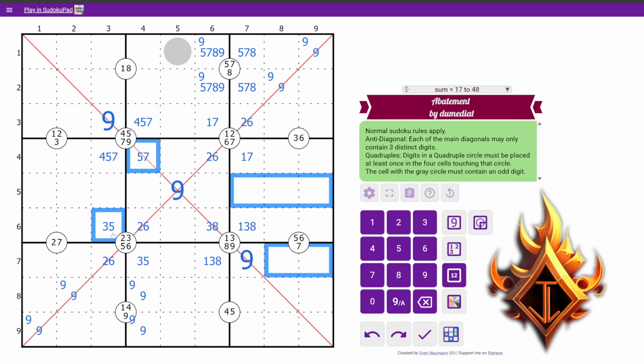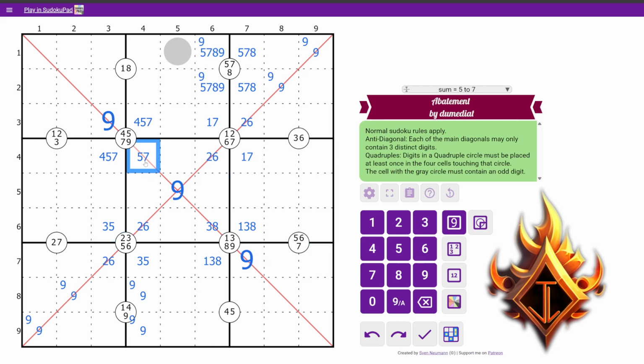Well, that's already broken, because it is already on that diagonal. The other way I could look at it was, if it was a 5, it would have to be here, this would have to be here, and now both of these 5s are blocked. So that is a 7. This is now a 1, that's the 7.